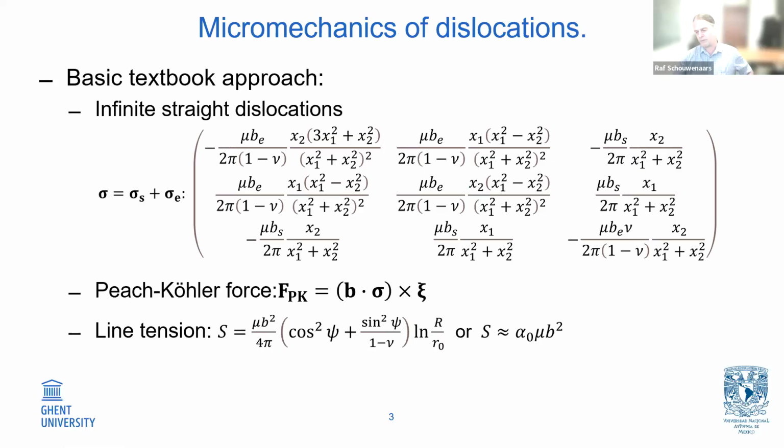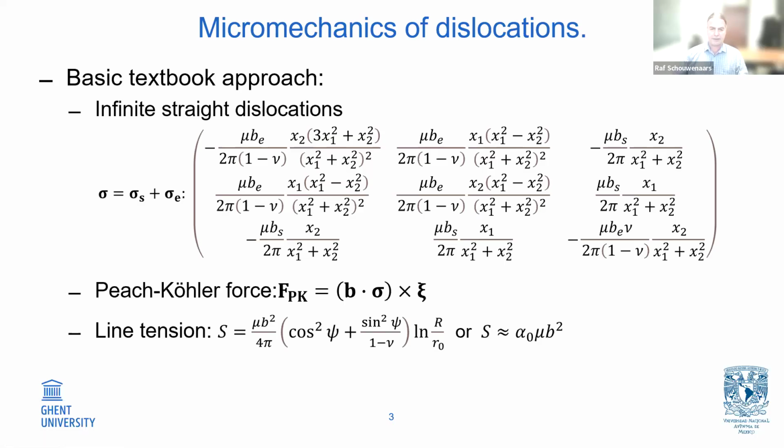If we go to basic textbooks, we always see infinite straight dislocations, where you've got here the stress tensor of such a dislocation with its edge components and its screw components. And then you can find also sometimes in the tensorial form the expression of the Peach-Köhler force.